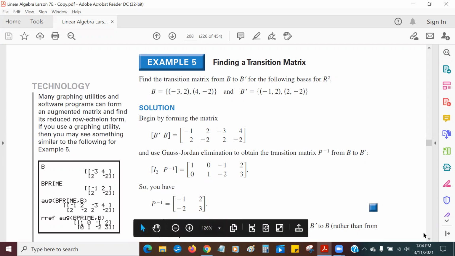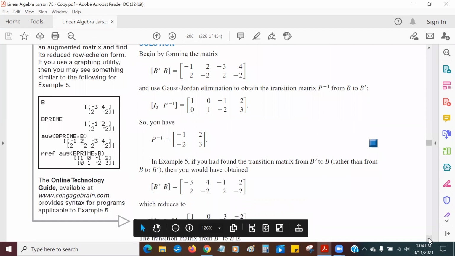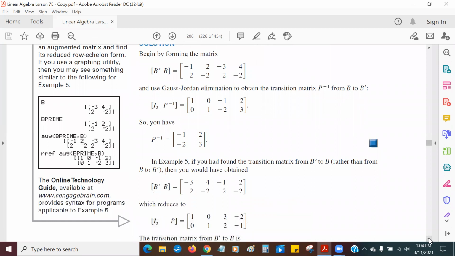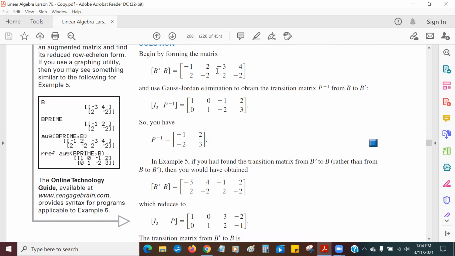Now, if in example 5 we wanted to go the other direction, I would have put the -3, 4 on the left side, which is what I have right here, and the -1, 2 on the right side.